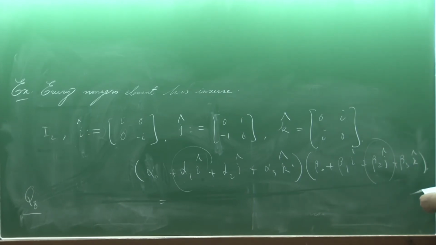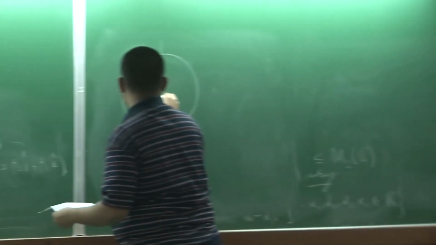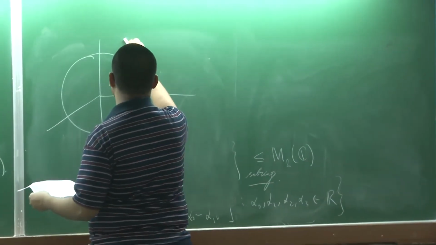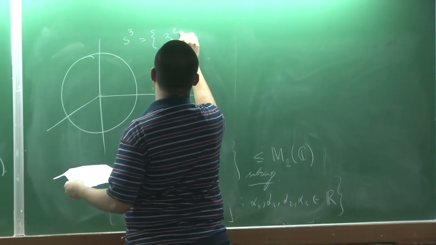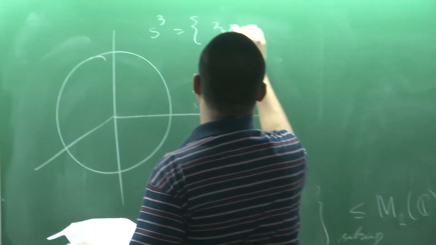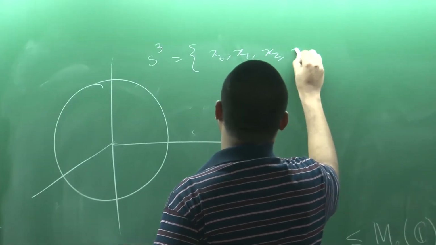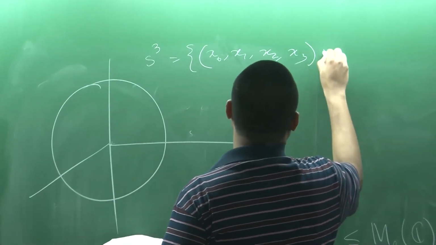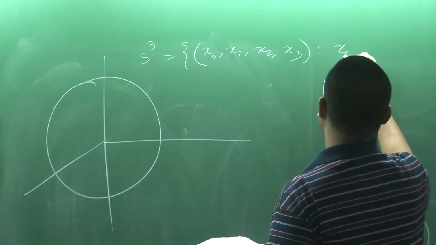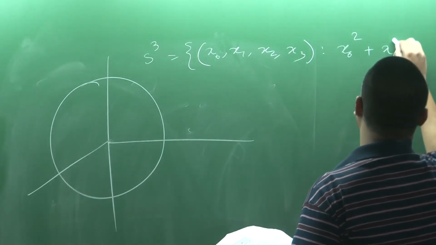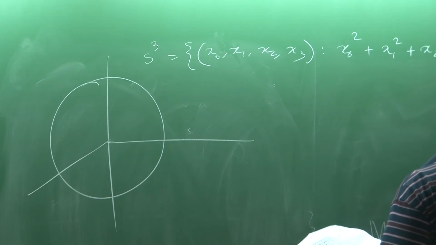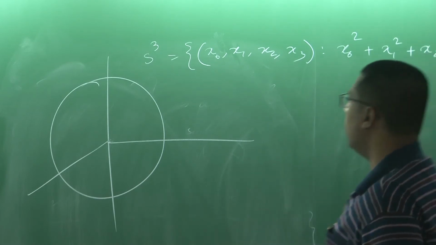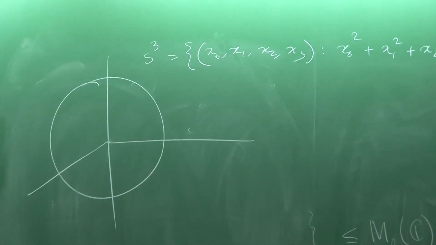So let me draw the picture. So this is S3, it consists of all points such that, okay, this is the 3-dimensional sphere.